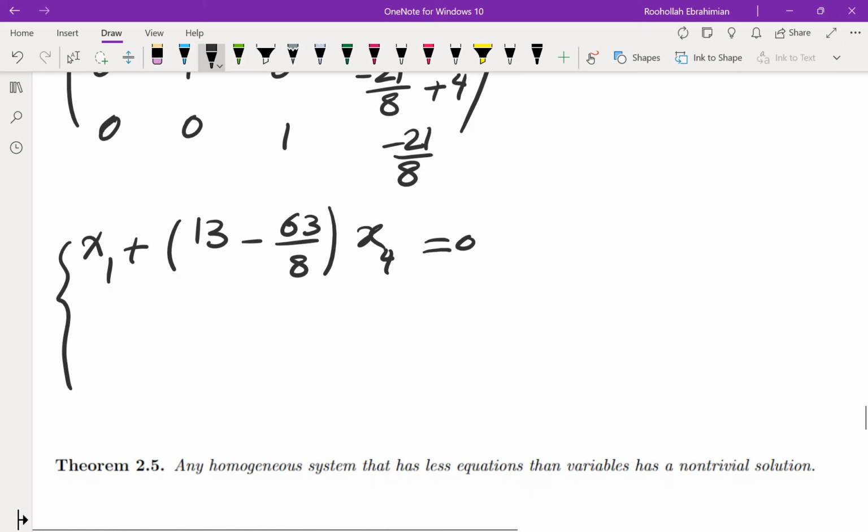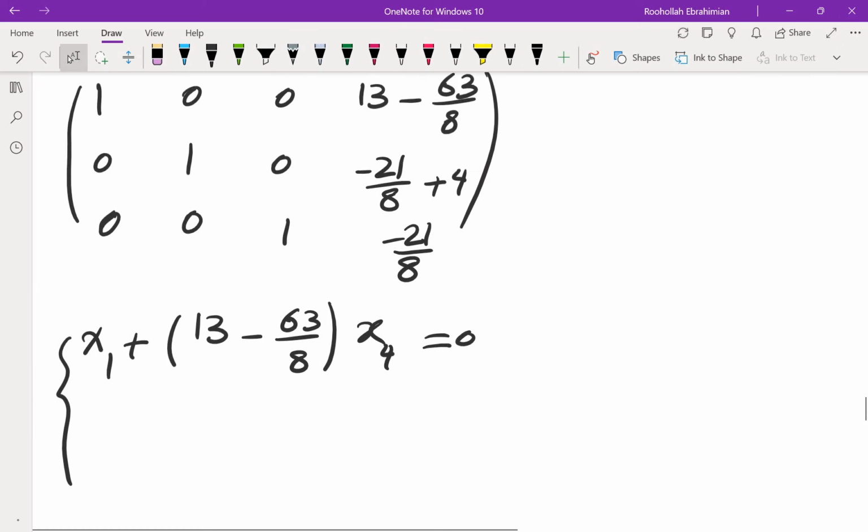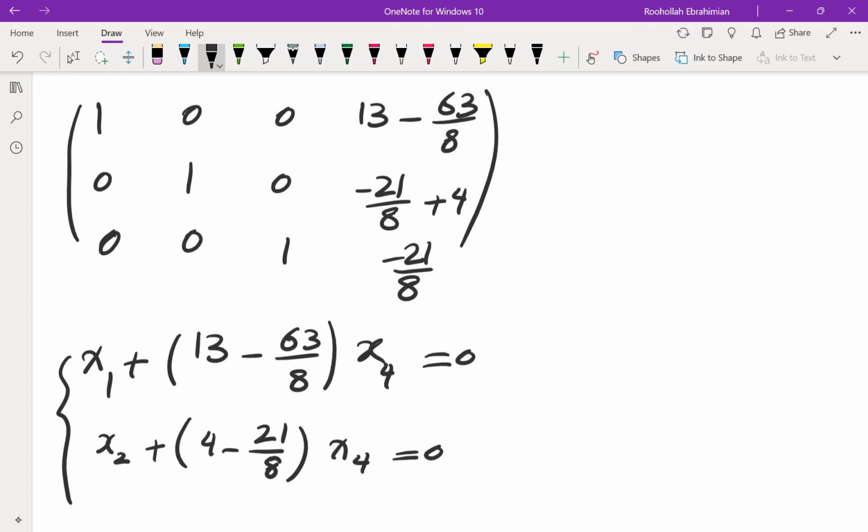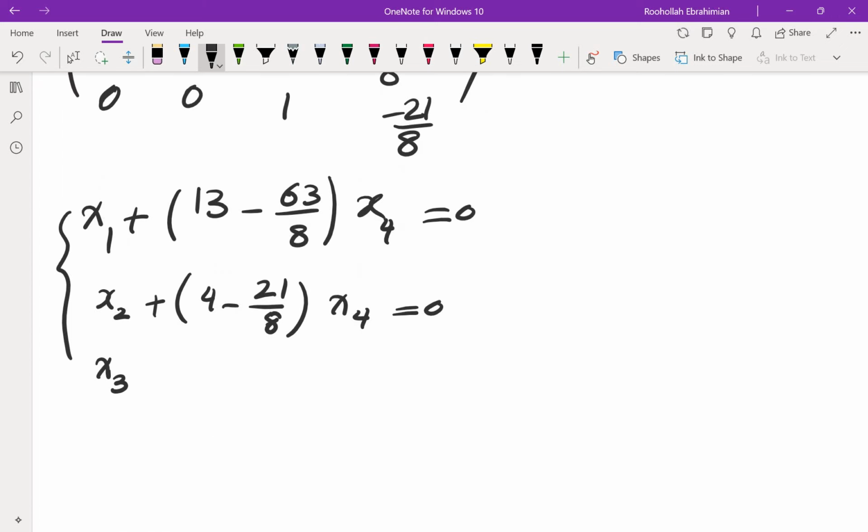The second equation would be x2 plus 4 minus 21 over 8 x4 equals 0, and the third equation is x3 minus 21 over 8 x4 equals 0.